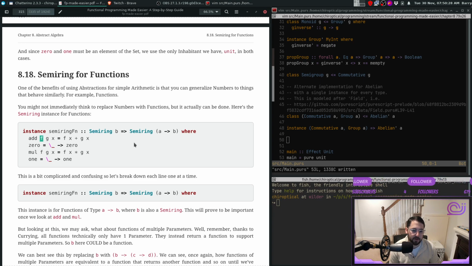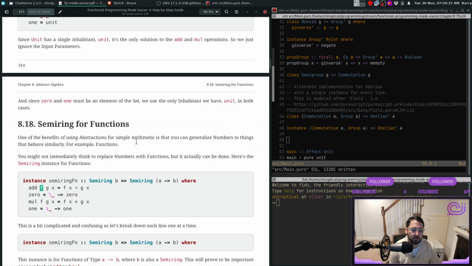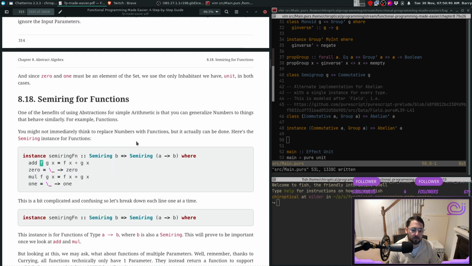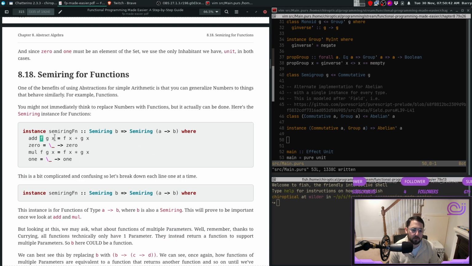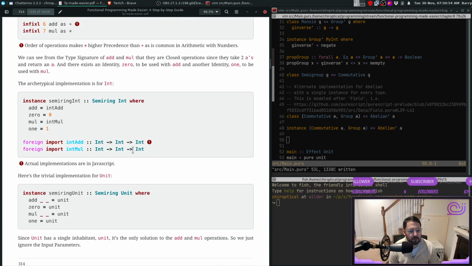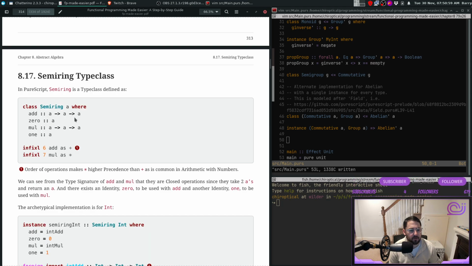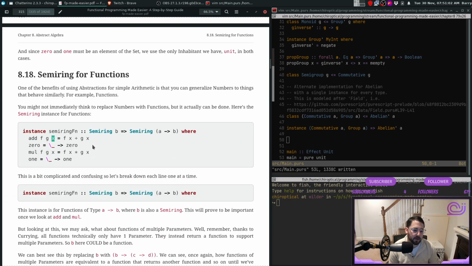So you apply F and G to some X. It's kind of weird to see the X there, isn't it? A to A to A. Oh, well, okay. It's equivalent to writing this X on the other side, I suppose. So it's fine.